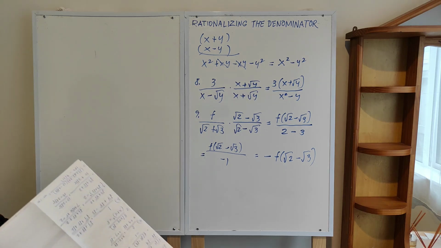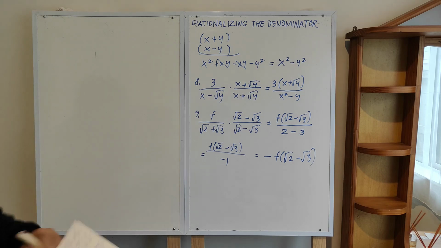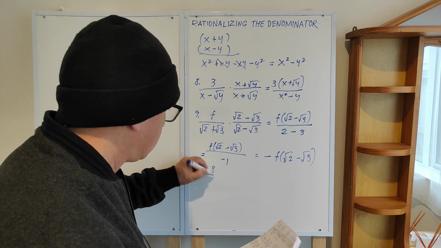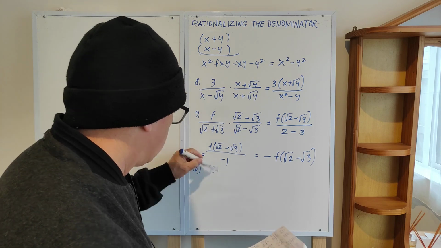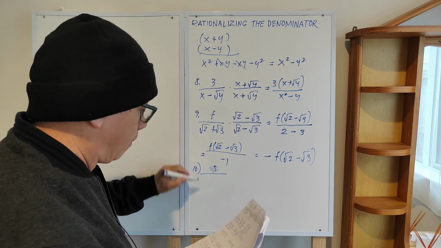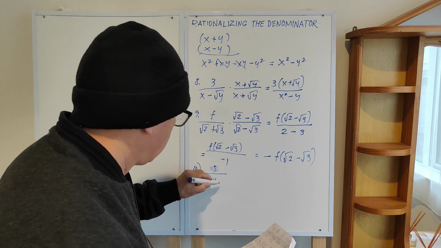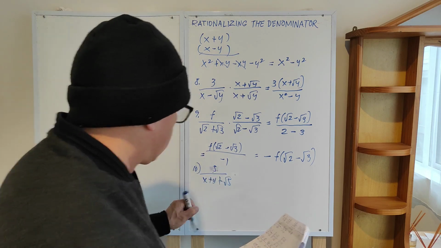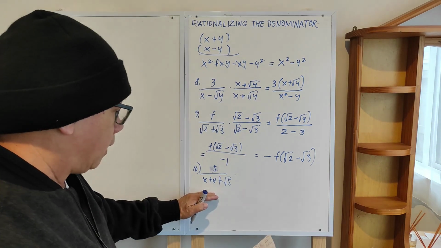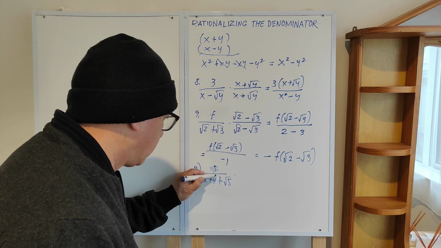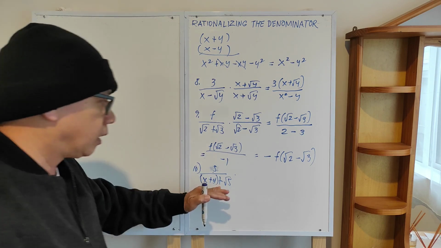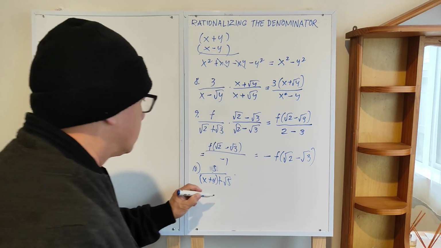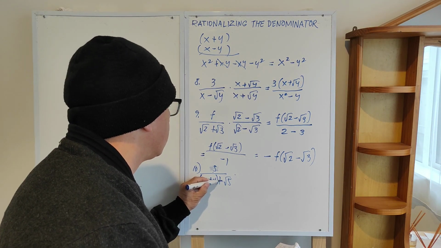So sometimes it can be a trinomial. Let's say s over x plus y plus square root of 5. So we have here a trinomial. What we will do is treat x plus y as a single term, like a monomial, and find the conjugate.